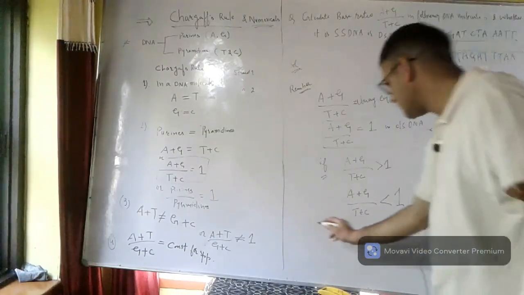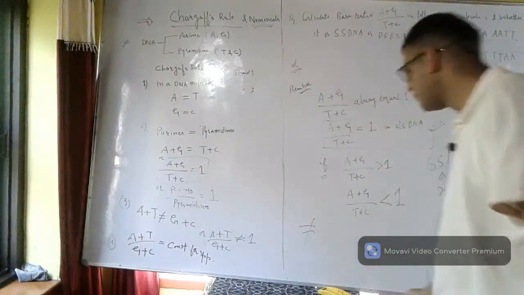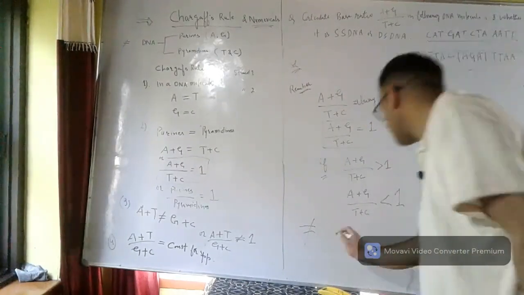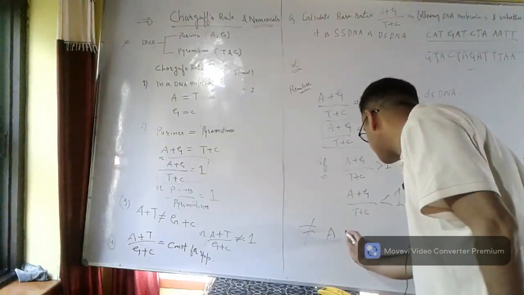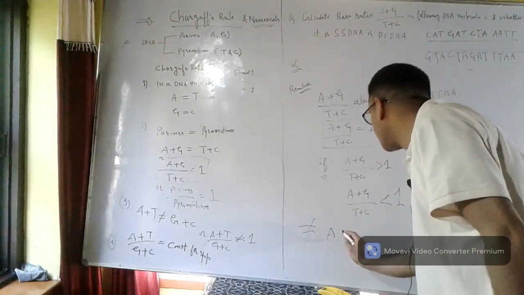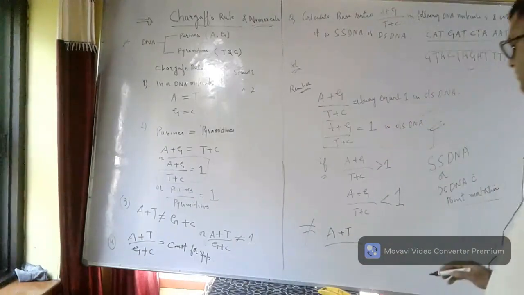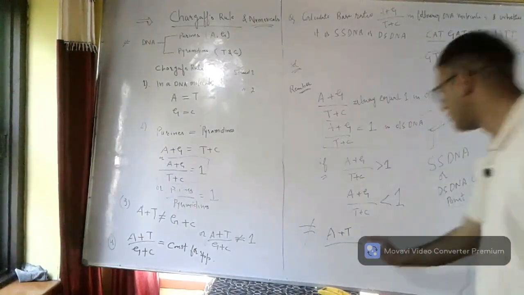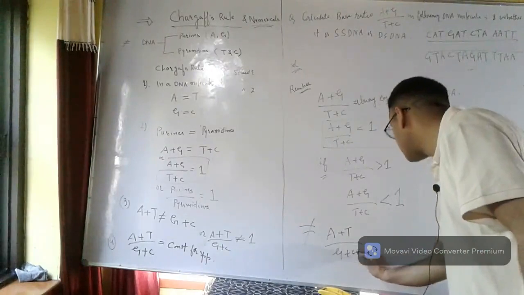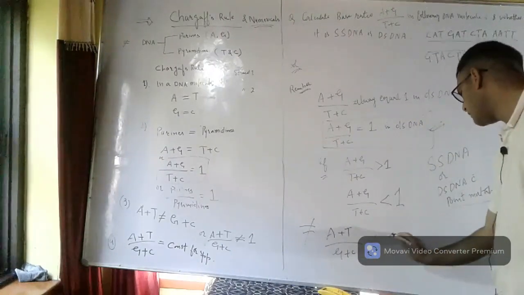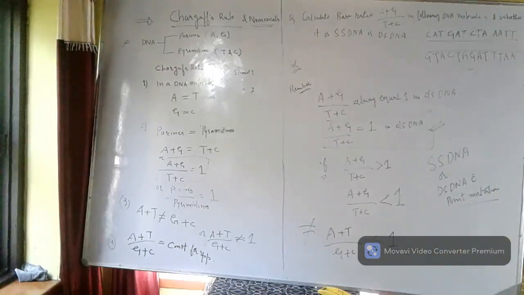Another important point regarding this: the base pair ratio adenine thymine by guanine plus cytosine is not equal to 1.